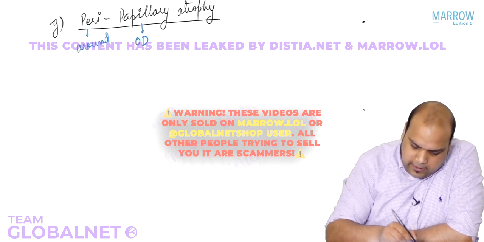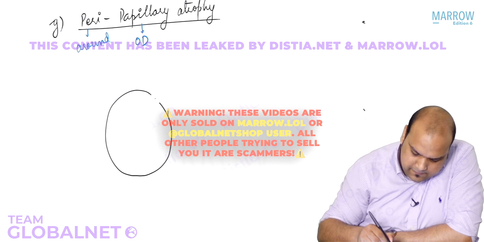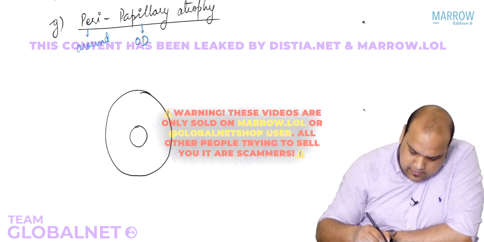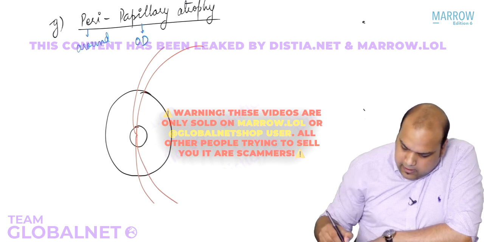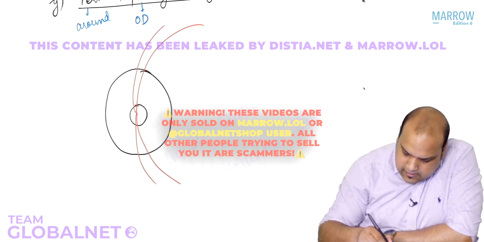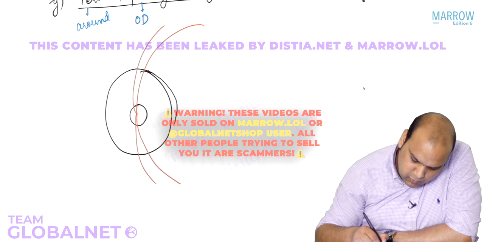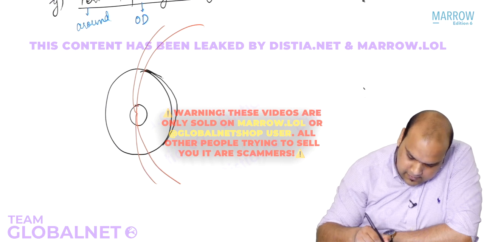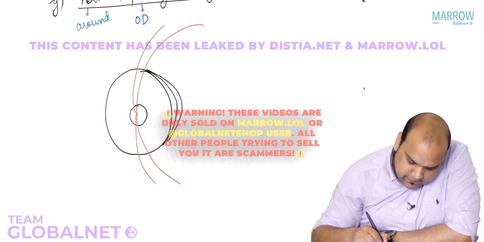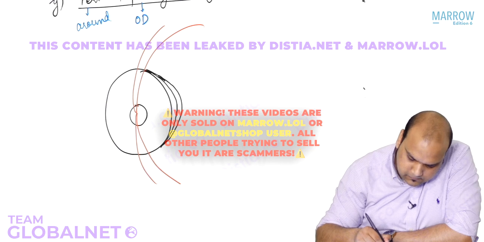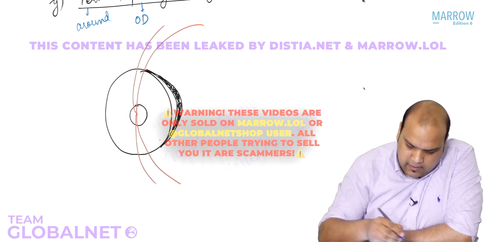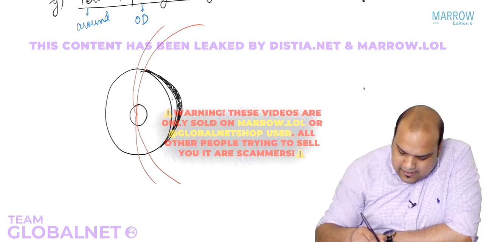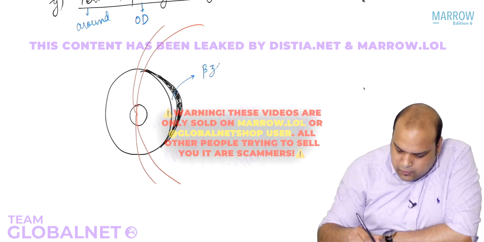Everybody, I'll draw a diagram for you. If this is my optic disc, optic cup, these are my blood vessels. Okay. Around the optic disc, you will see a crescent shaped or moon shaped zone of atrophy, which is divided into two zones. The inner zone appears whitish in color. This is known as beta zone.